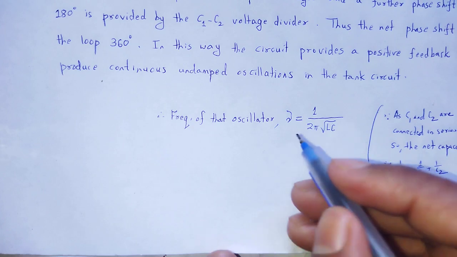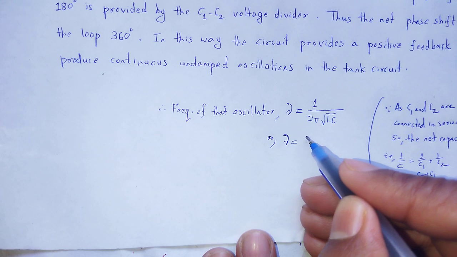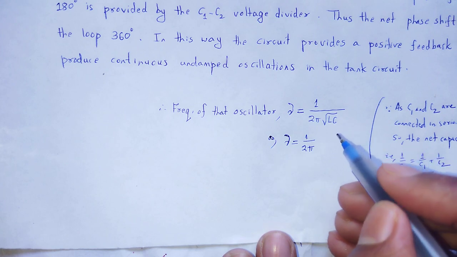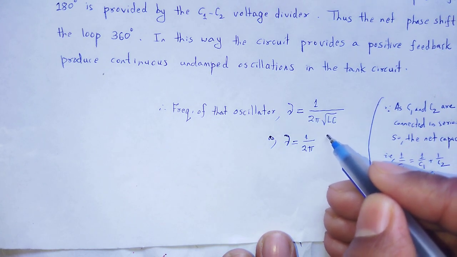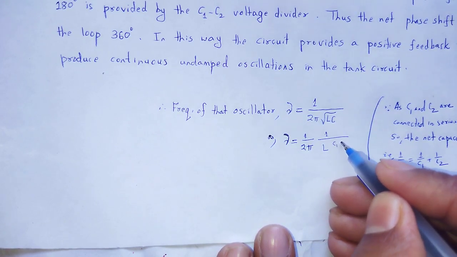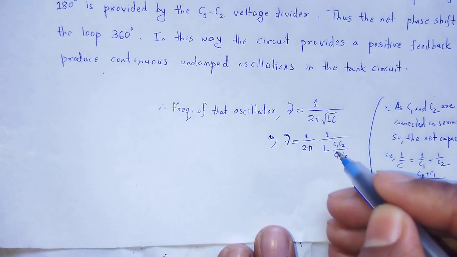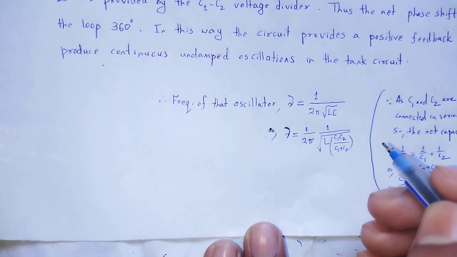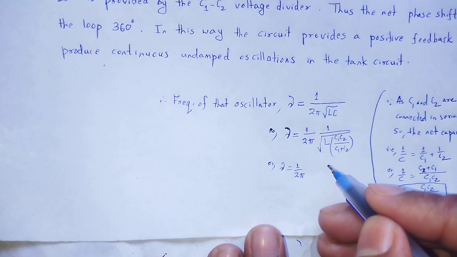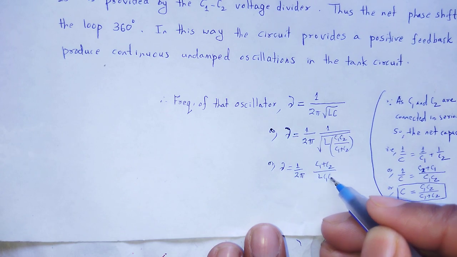That value we can put here. The frequency of that particular oscillator nu is equal to 1 divided by 2 pi under root of L in place of C, C1 C2 divided by C1 plus C2, or nu is equal to 1 divided by 2 pi under root of C1 plus C2 divided by L C1 C2.